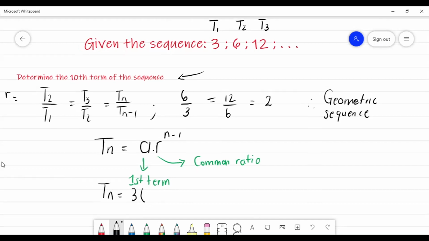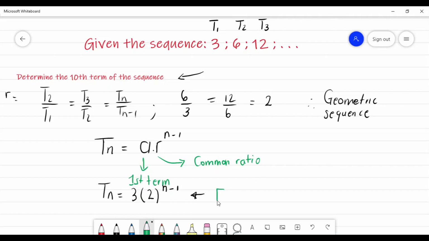Our common ratio r is equal to 2. We're going to substitute our 2, and that is going to be raised to n minus 1. Okay, so now we have obtained our formula for the nth term.